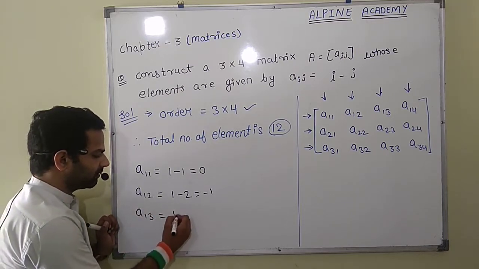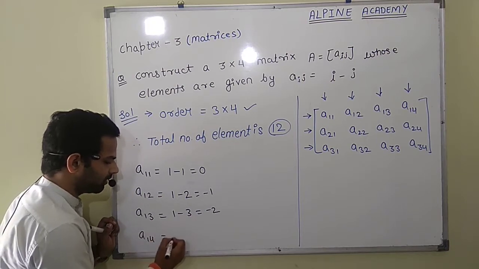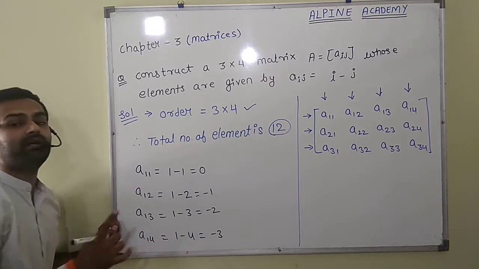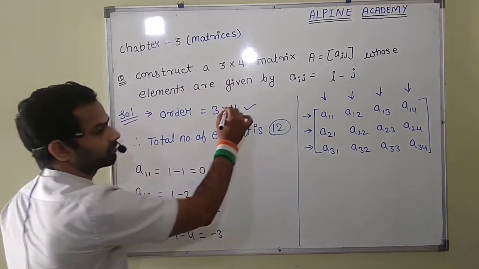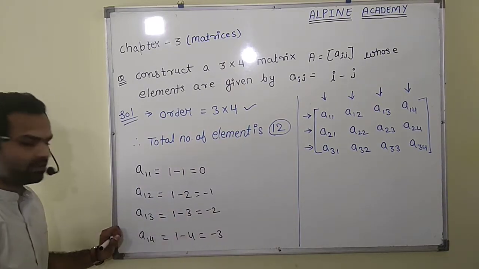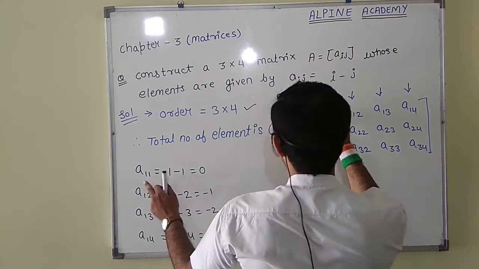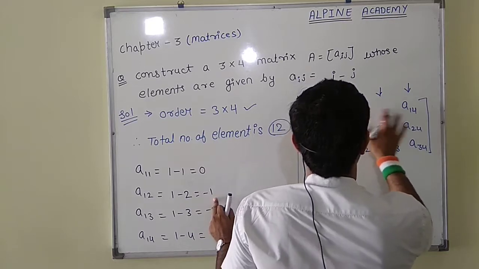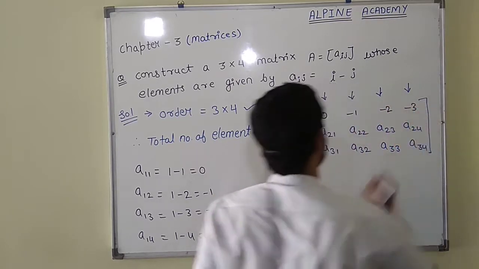Similarly a13 is 1 minus 3, which is minus 2. a14 is 1 minus 4, which is minus 3. a15 does not exist because the maximum number of columns is 4. So we can go up to 4. We write these values here: a11 is 0, a12 is minus 1, a13 is minus 2 and a14 is minus 3.